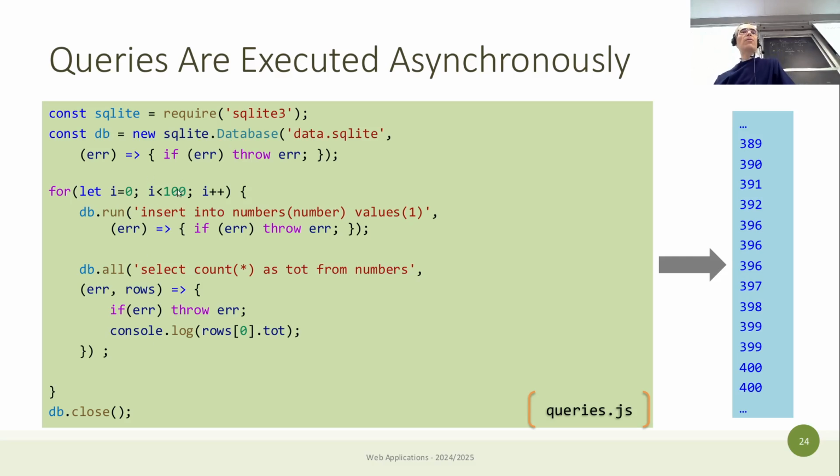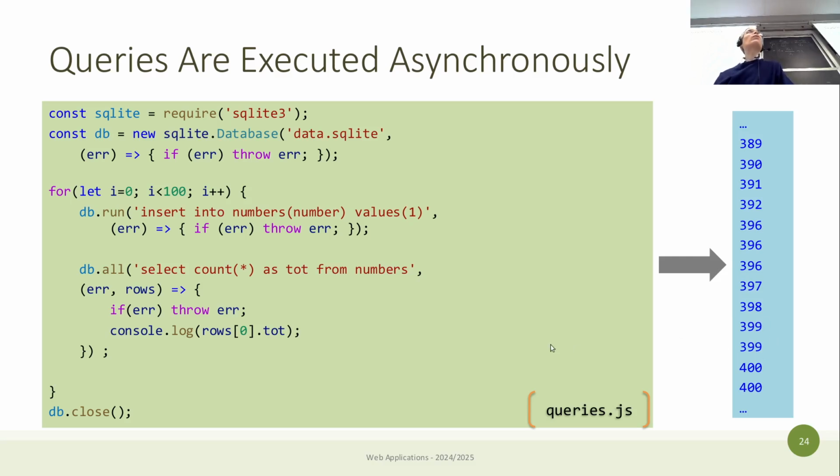Like here, there's a for loop with 100 operations, actually 100 plus 100, insert plus select that counts the elements and so on. And we saw last time things are not getting executed synchronously, I mean, not in order. And that's what we get. For instance, you can get something different.